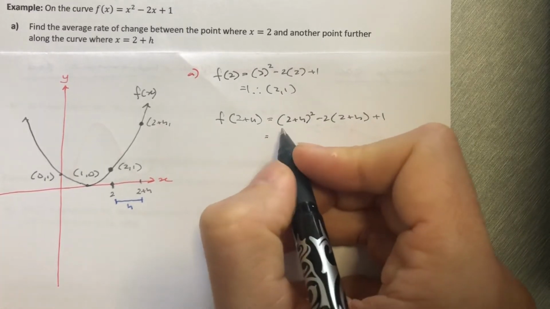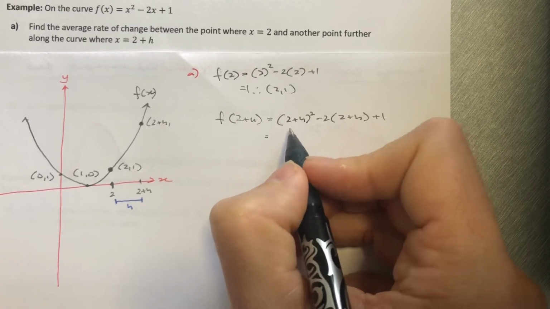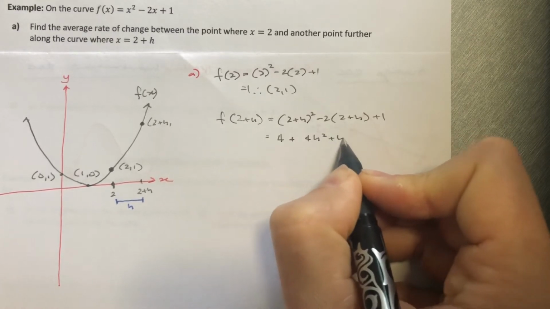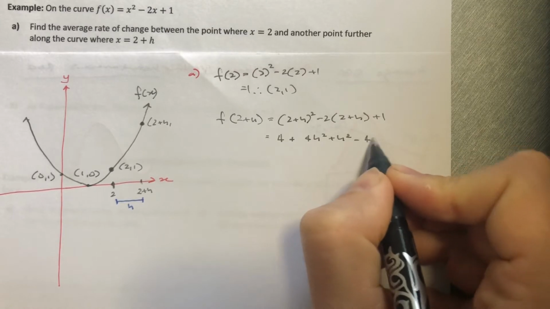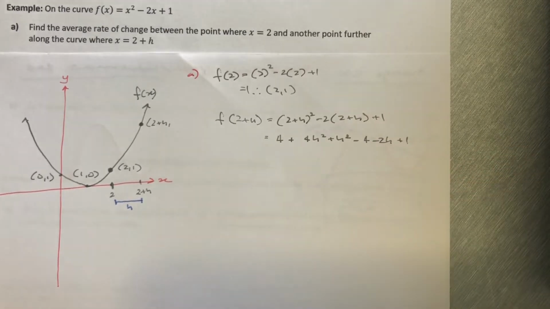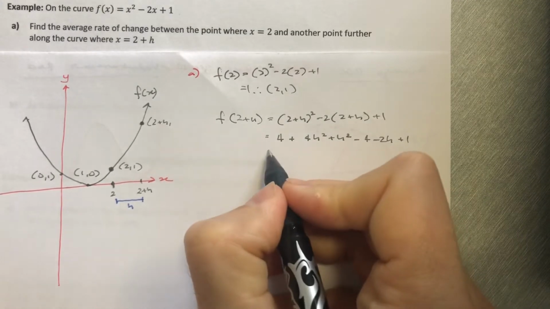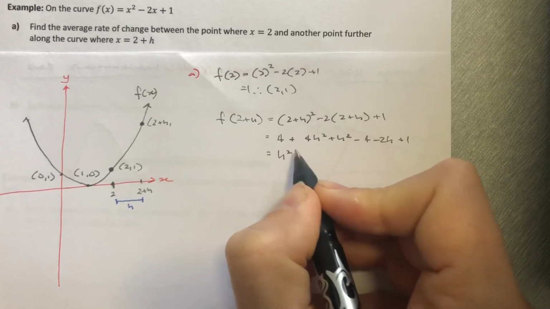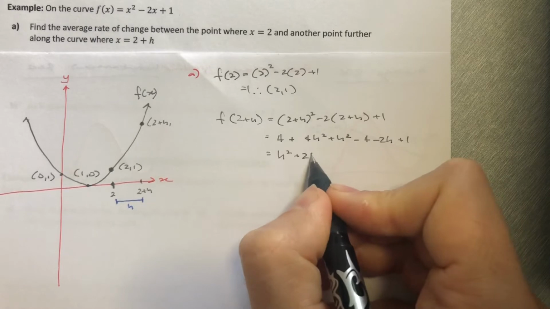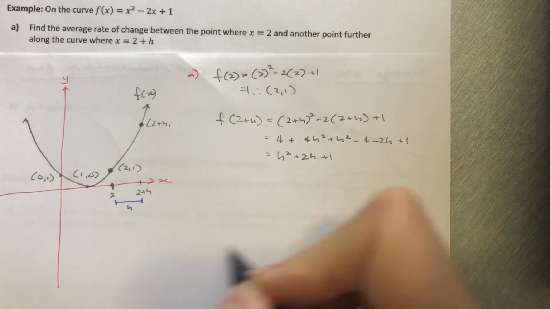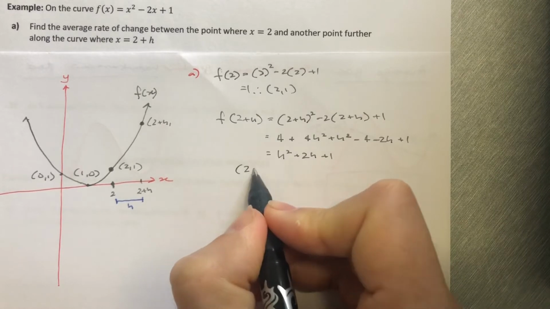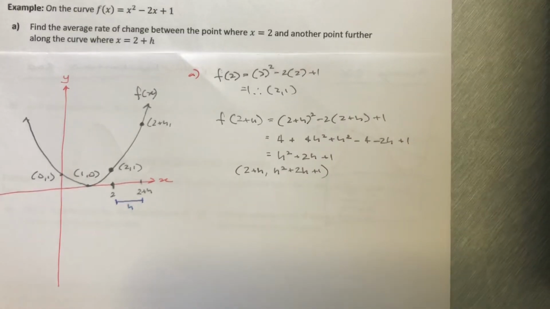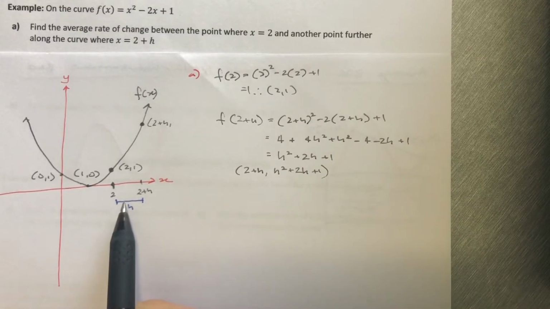So we should end up getting, let's see, okay, so we've expanded and we've got that. Let's collect any like terms. Okay, done. So we've just worked out that where x is 2 plus h, y is h squared plus 2h plus 1. So this will work for however large or small that h is.